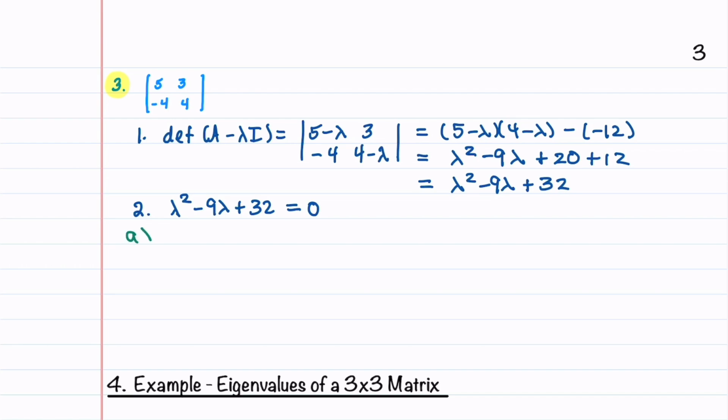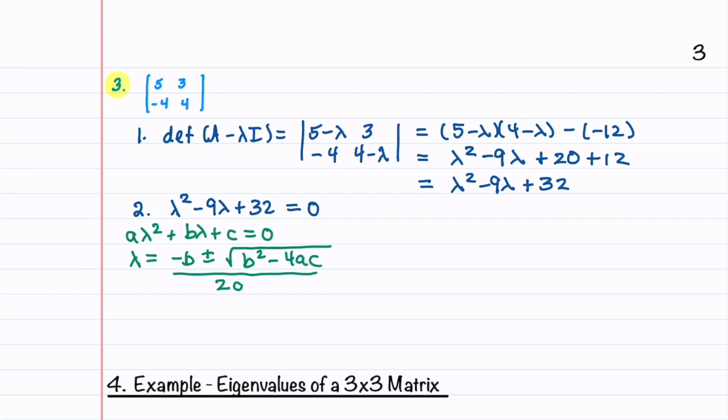If we have a lambda squared plus b lambda plus c is equal to 0, lambda is going to be minus b plus or minus the square root of b squared minus 4ac, all divided by 2a.